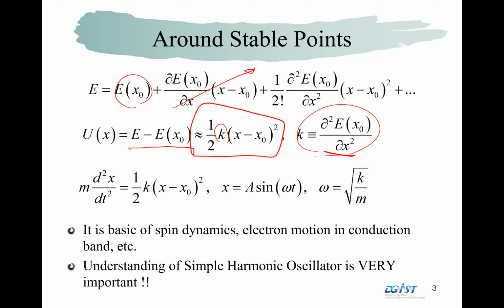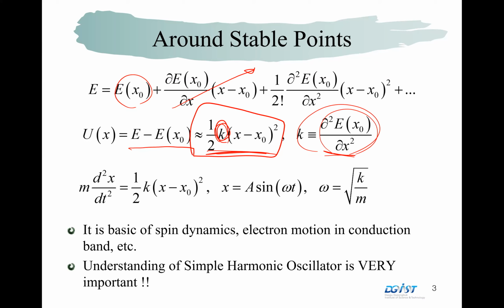If we assume this energy term is a harmonic oscillator, the physical meaning of k is the spring constant. So the second derivative of the potential energy of the system works as a spring constant.